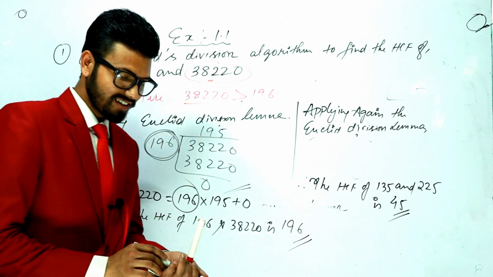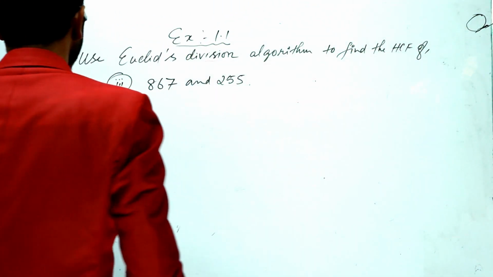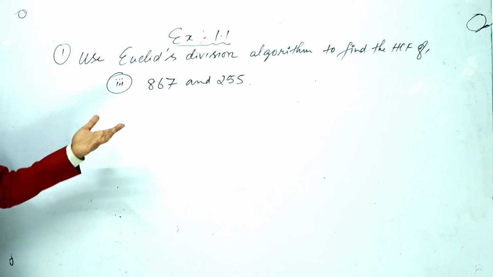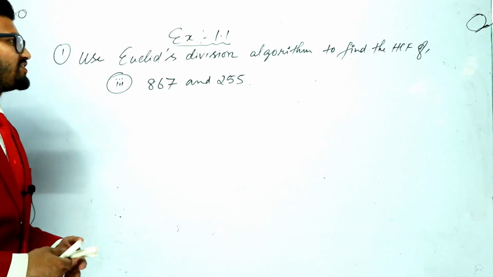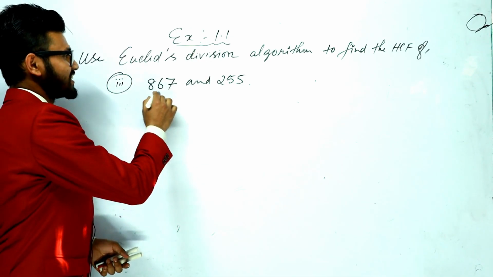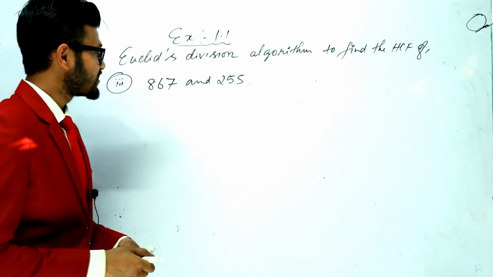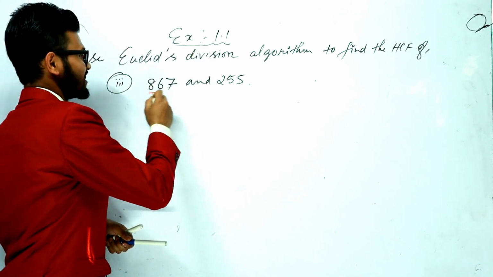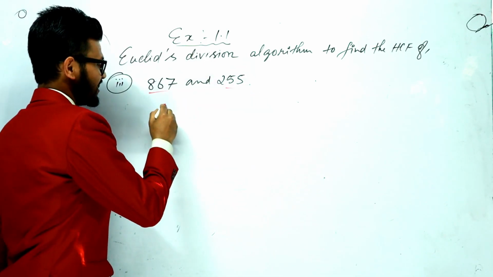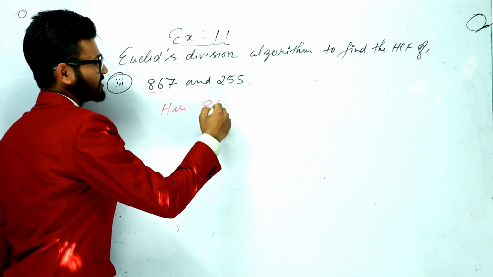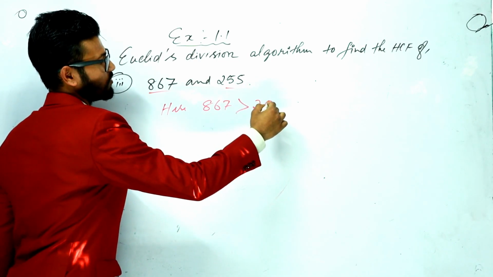Now one more question. So here goes the third part of these questions. Same question, how to find the HCF by using the Euclid division algorithm. Here you can see 867 and 255. You have to find the HCF of these two numbers. As you can see, this number is pretty larger than this number. So here 867 is greater than 255.